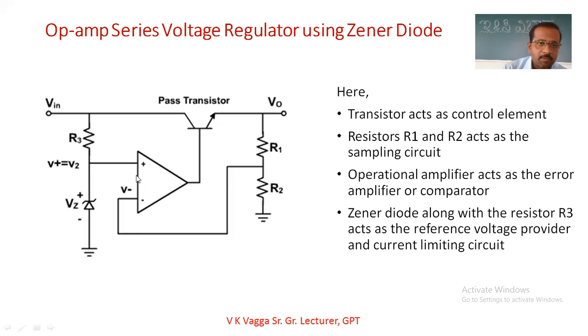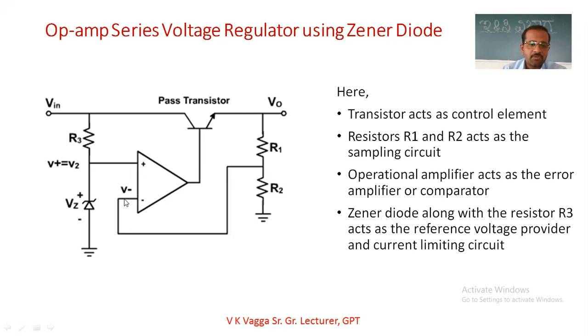Again I am going to explain the construction of the op-amp series voltage regulator using the zener diode. It consists of the pass transistor, acting as the control element, and R1 and R2 acting as the sampling circuit, and the operational amplifier acting as the error amplifier or the comparator.